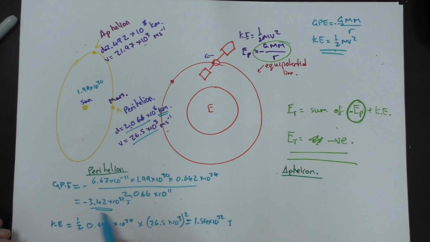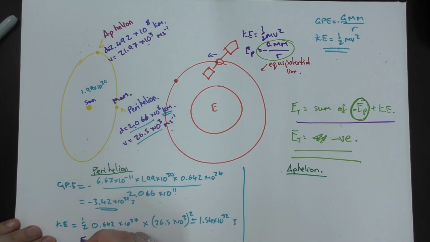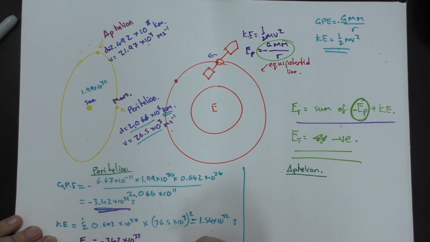So here's the first example of seeing this in action. Hopefully I'm going to fit the aphelion calculations on the side. We'll have a good go at it anyway. So our final calculation is this one right here. The total energy is equal to the potential energy, so negative 3.42 times 10 to the 32, plus the kinetic energy, 1.54 times 10 to the 32.